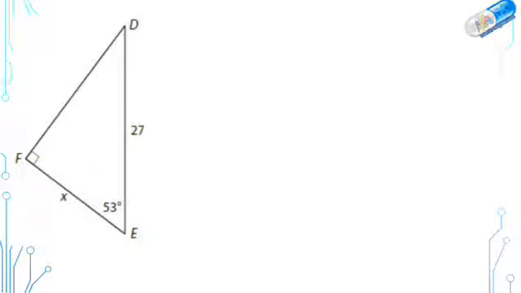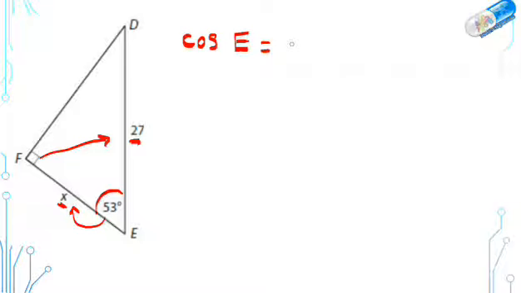Here you are given a right triangle. Again, the hypotenuse is 27, the angle is 53, and you are required to get x. X here is the adjacent to the angle. So again, you ask yourself, what is the function that relates the adjacent to the hypotenuse? Yes, it is cosine E equals the adjacent, which is EF, over the hypotenuse DE.